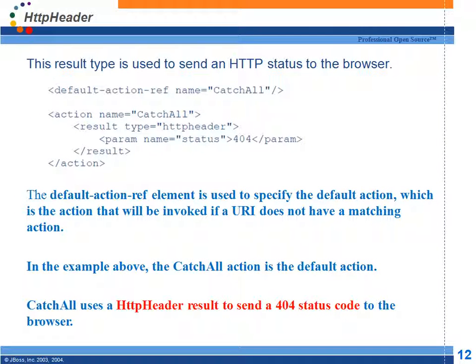If you want to redirect, okay, there is one more type called HTTP header. HTTP header is 401. If a method returns this result type, it will show a 404 error.